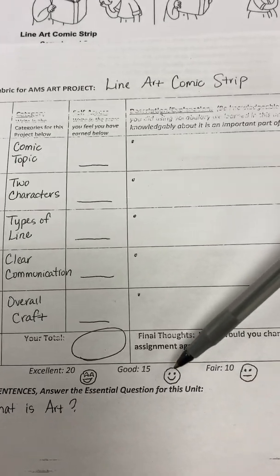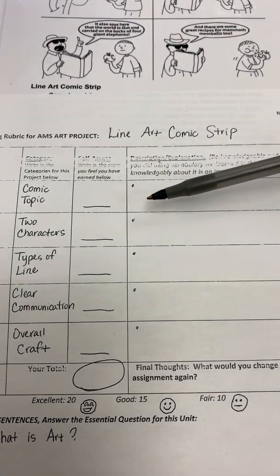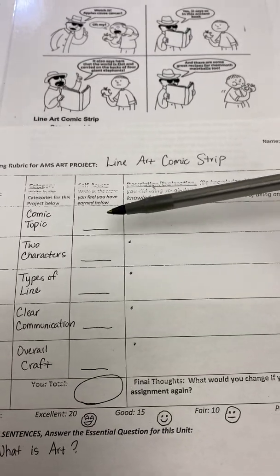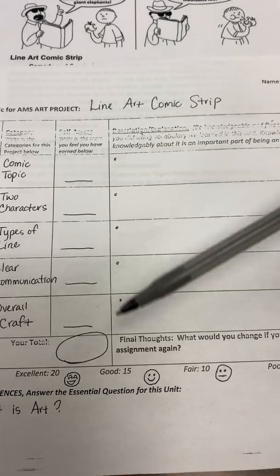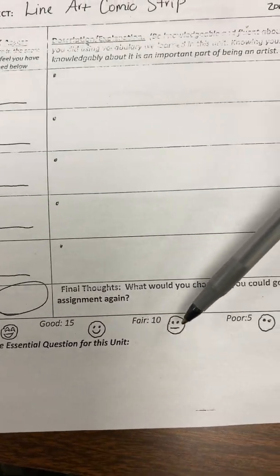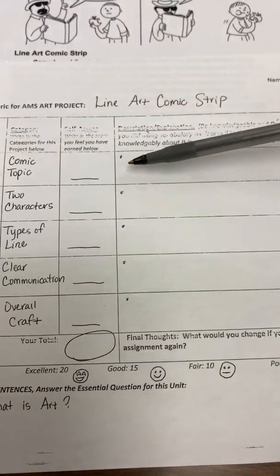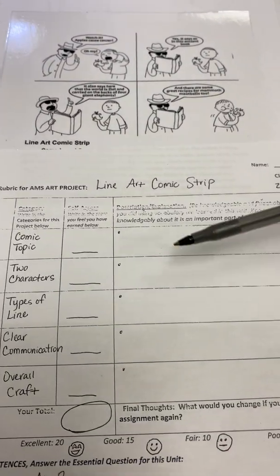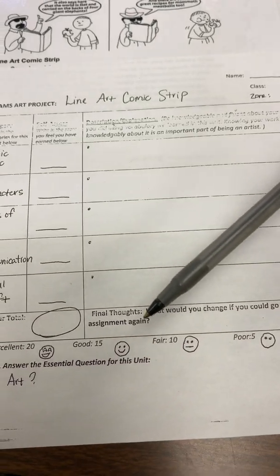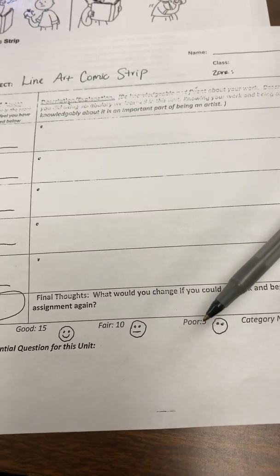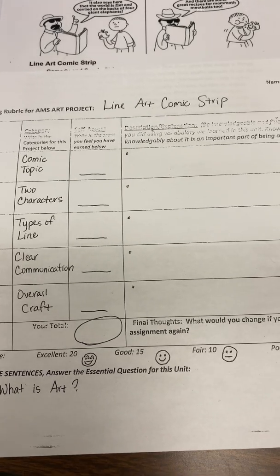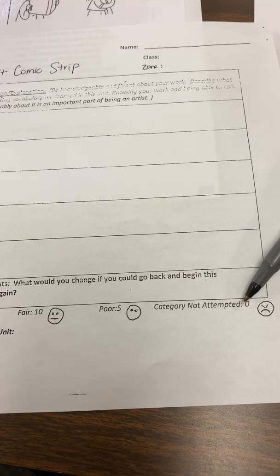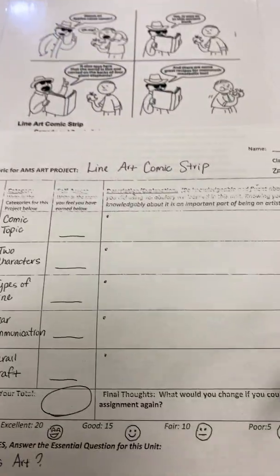There might have been one thing that you could have done better or done a different way to meet that category, but it's still a good effort. Fair, there's some issues. It's about middle of the road. There's a couple areas maybe within a category that you didn't complete. A poor is barely meeting the category. And then a 0, you did not attempt that category in your design.